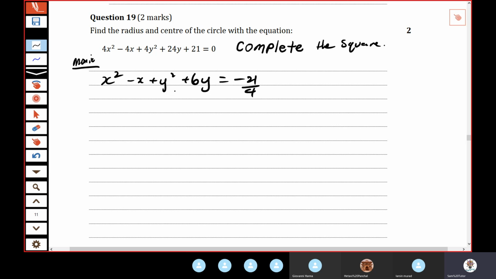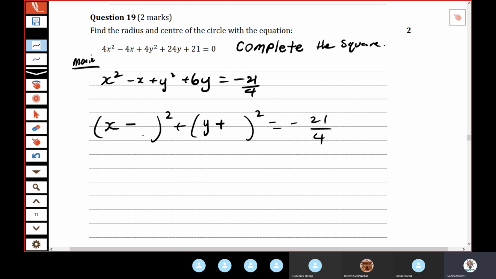Anyone have any questions for me here? Because the next line I'm literally about to complete the square. No questions? Alright, here we go. X minus, what do I write here? And what do I write here?